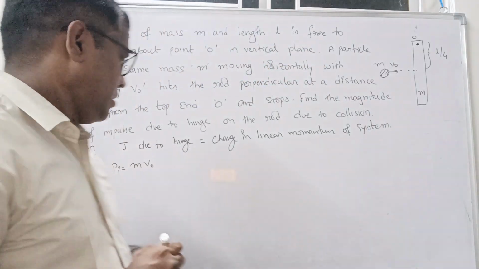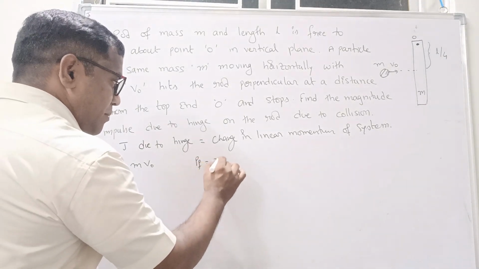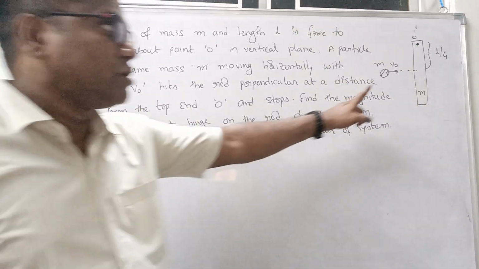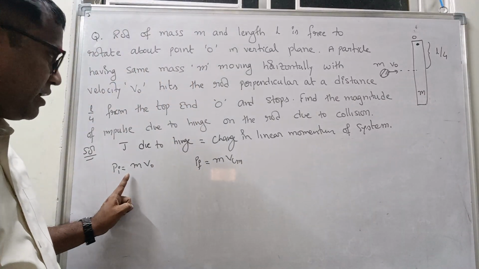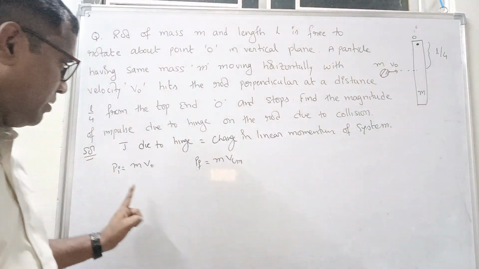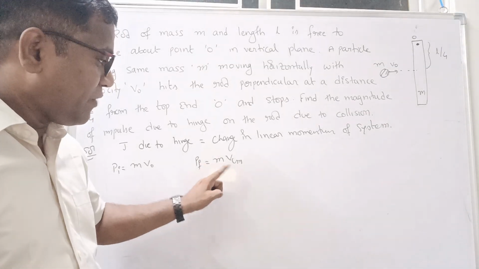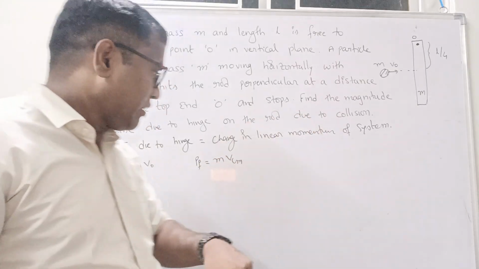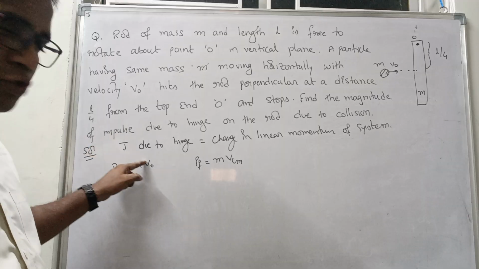So the final momentum Pf can be written as m into Vcm, where Vcm is the velocity of the center of mass. So the initial linear momentum is this one, the final linear momentum is this one. If I can find the value of Vcm, then I can find J, nothing but the impulse due to hinge.